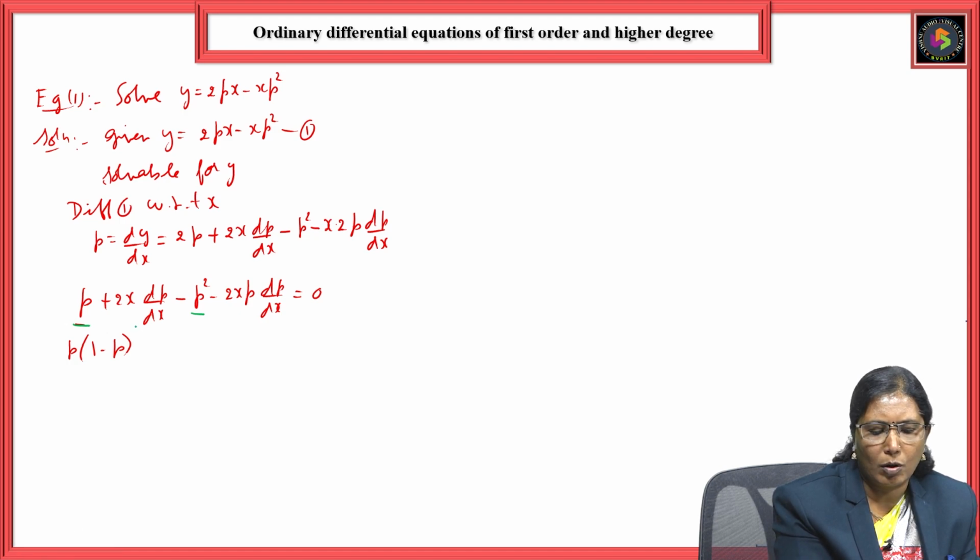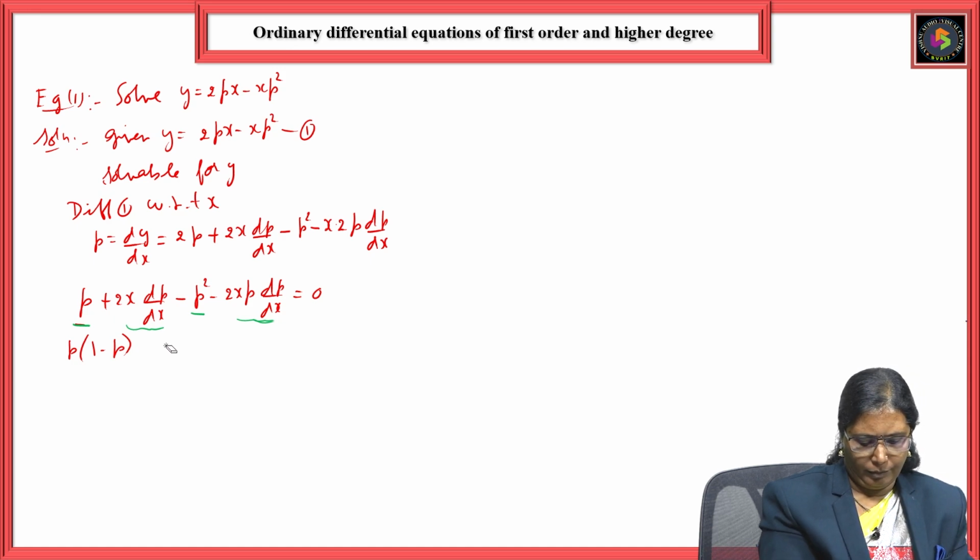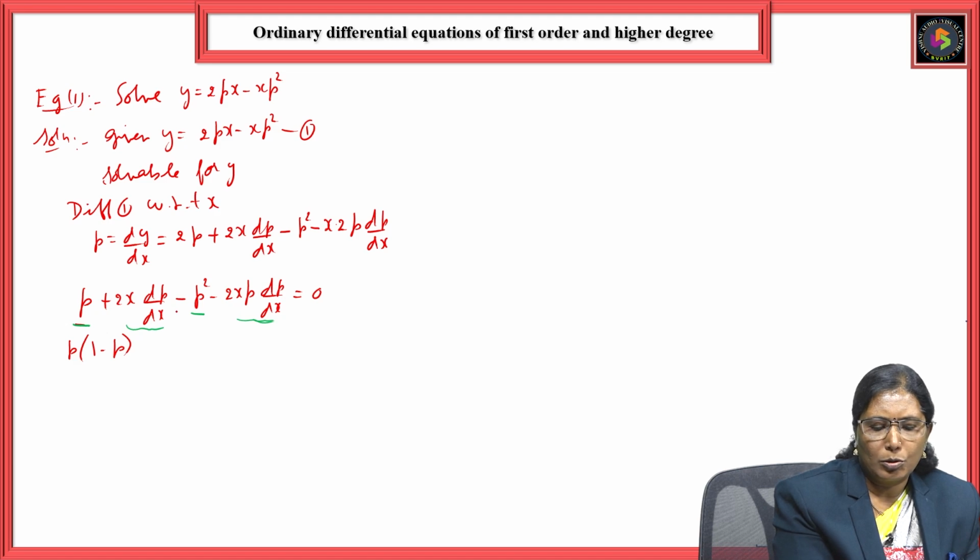So what is common in this term and this term? 2x is common.